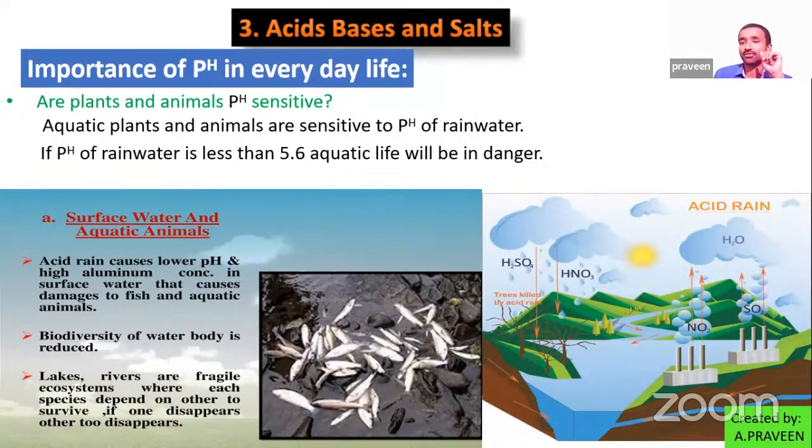Its acidic strength decreases the pH of the water available in that source. So automatically, that can affect aquatic life. The biodiversity of the water body will be reduced. It causes death. So it is important in our regular life.